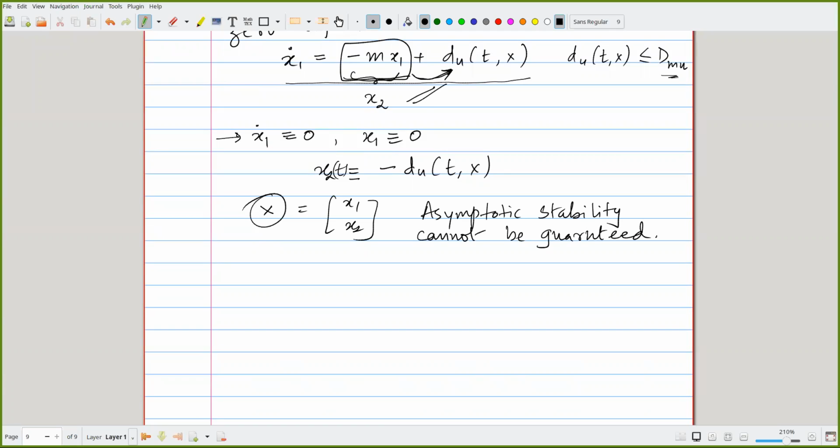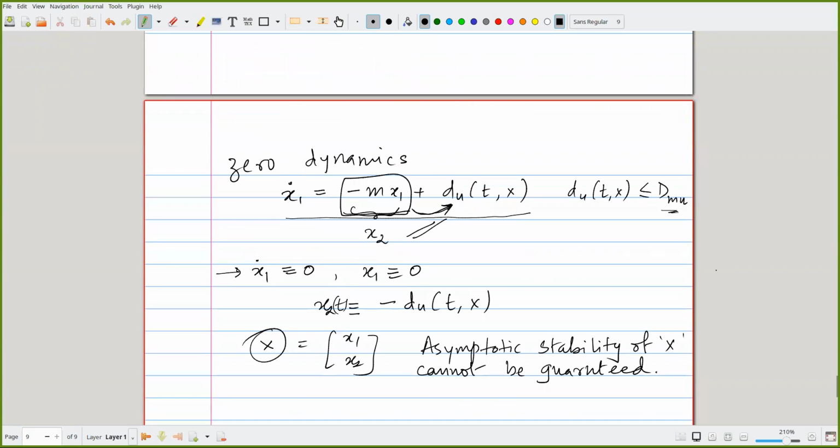Okay. Alright, so I think this clears it. So this is about matched and unmatched disturbance and where they cause the problem.